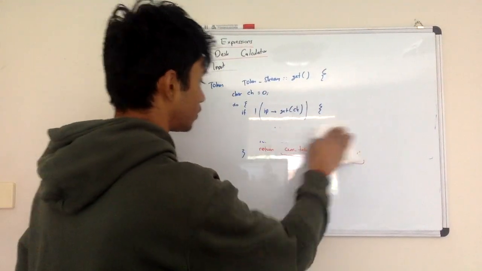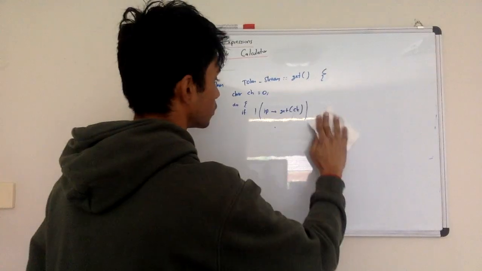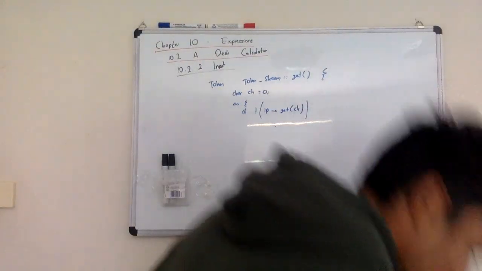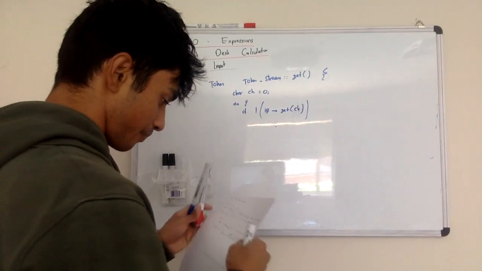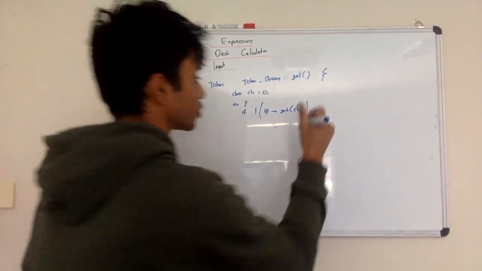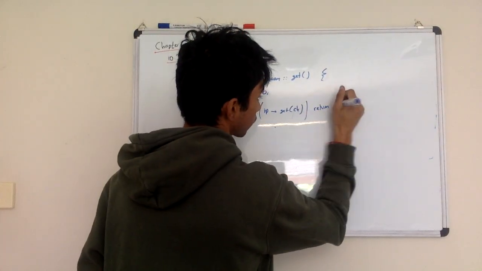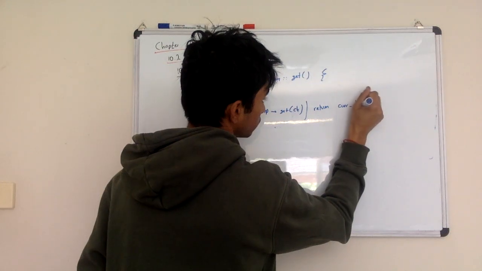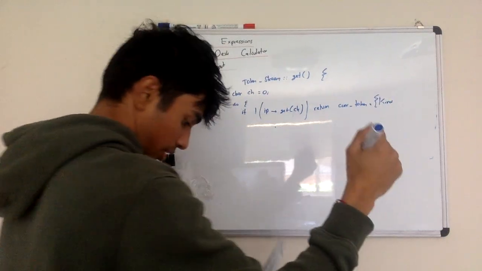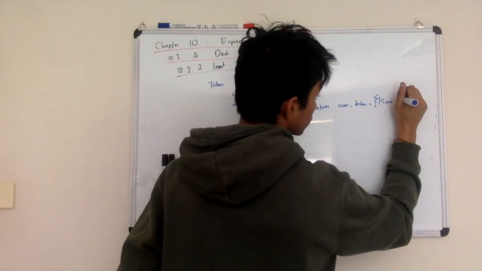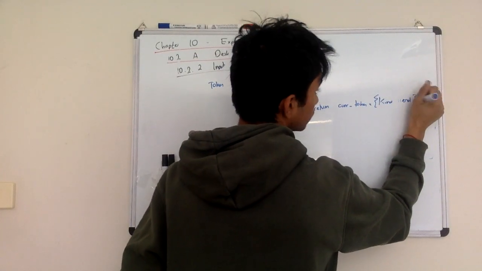And in fact, since we can write it in 1 line, I will do it like that. So you can return current token equals kind, equals bracket kind dot, right?